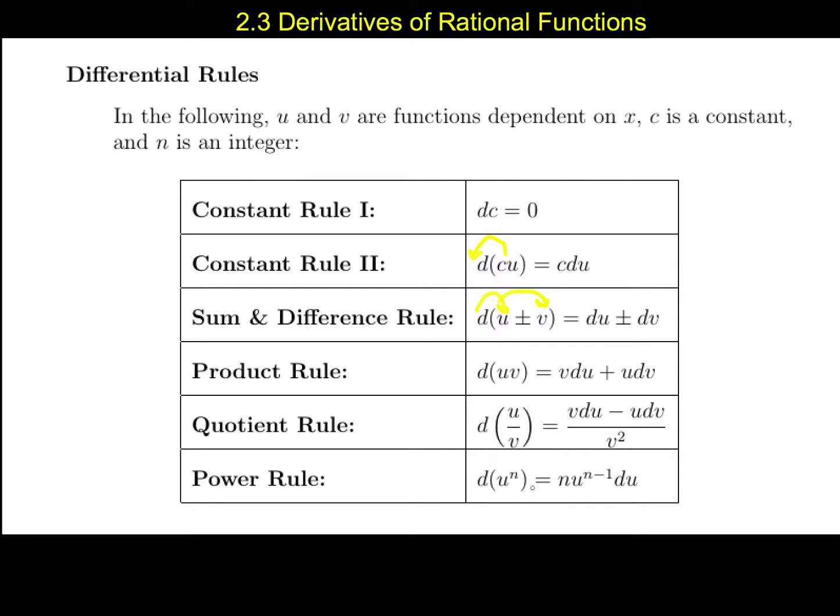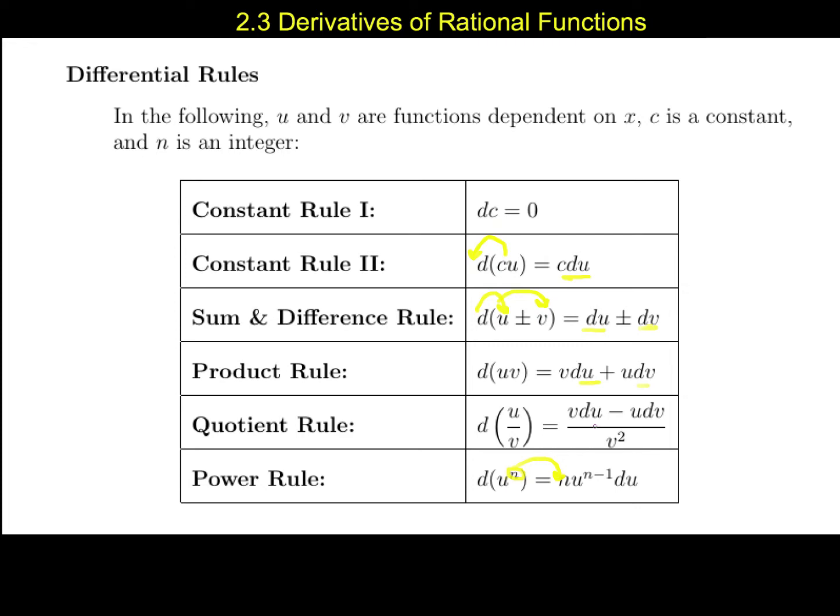And then finally, our rule for taking powers is that the exponent up here comes down and becomes our coefficient. The power reduces by 1, and of course we still have the differential of u. Do not forget when you're using this differential form that you've got to always write du or dv. If you drop those, then when you go back to take derivatives, you'll have pieces missing.